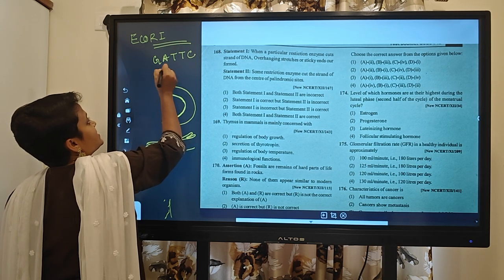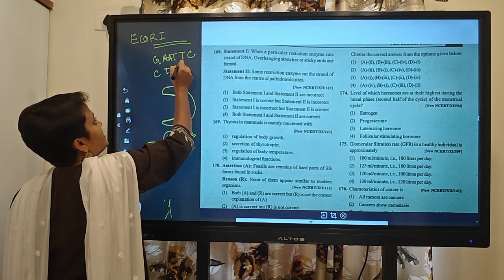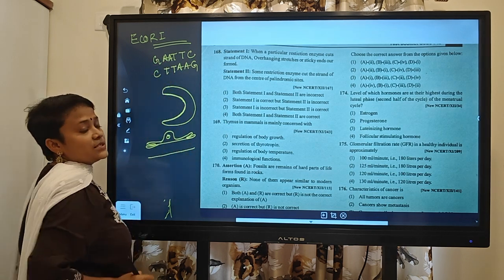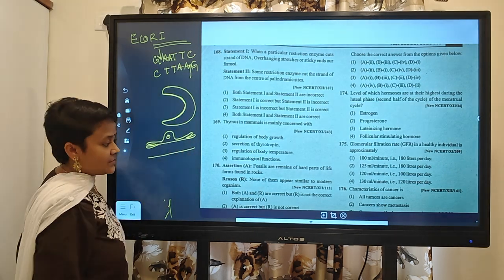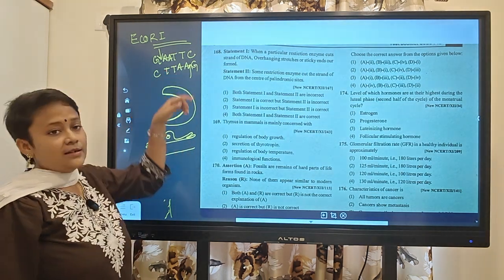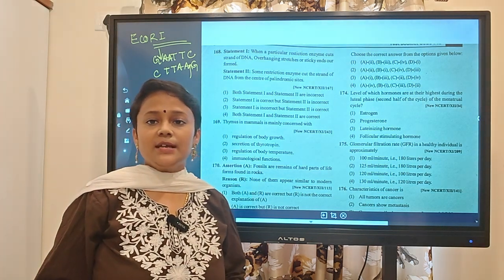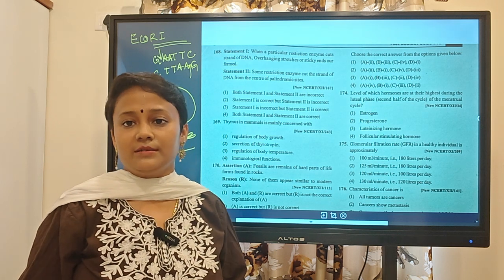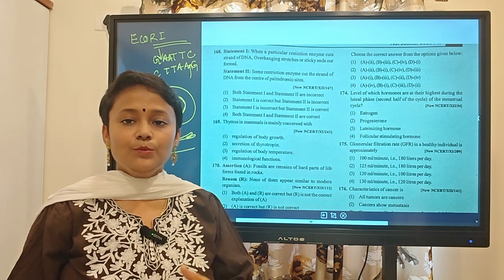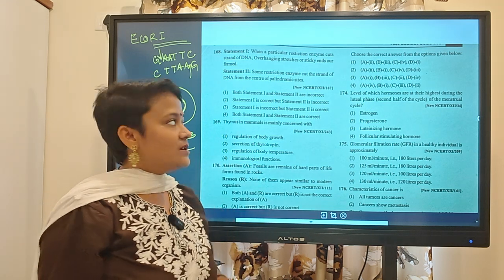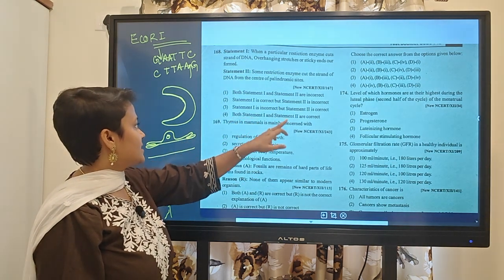GAATTC, and the complementary strand CTTAAG. So the cutting site will be here. So when there is a cutting site, sticky ends or overhanging ends will be produced. But some restriction enzymes like SmaI can cut the site at the middle to make two blunt ends. Okay. So both the statements are correct. Statement 1 and statement 2 are correct.